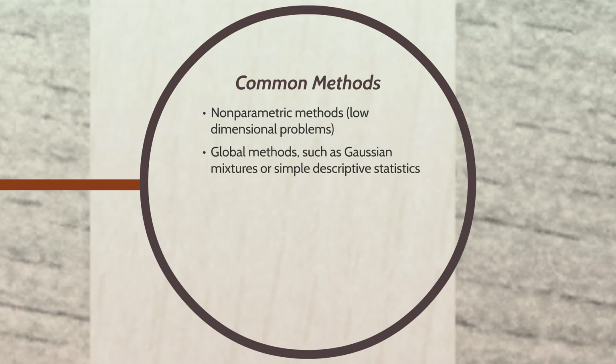But with the global methods, you're going to make some more assumptions. You're going to have more implicit bias than in the non-parametric methods, and sometimes that bias can be a source of error. So it's not always good to assume that the data is going to fit these global models such as Gaussian distributions, because we don't always know that for sure with our input data.